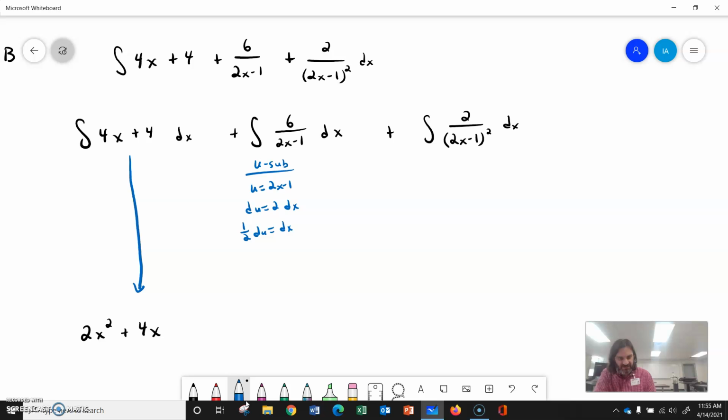So I'm really integrating 1/2 times 6 times 1 over u. So that gives me 3 natural log of u. So since u was 2x minus 1, we have plus 3 natural log of 2x minus 1.